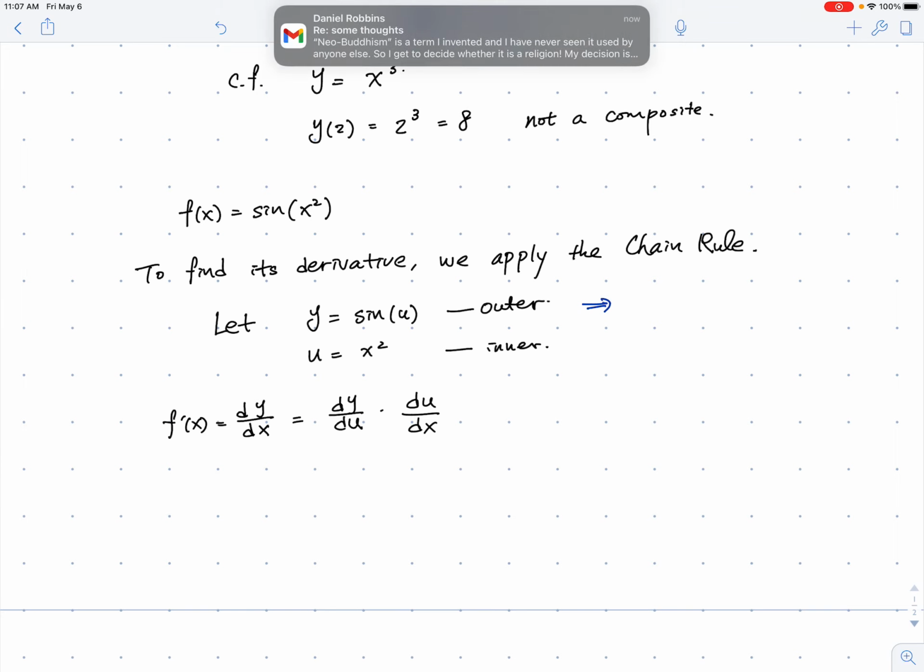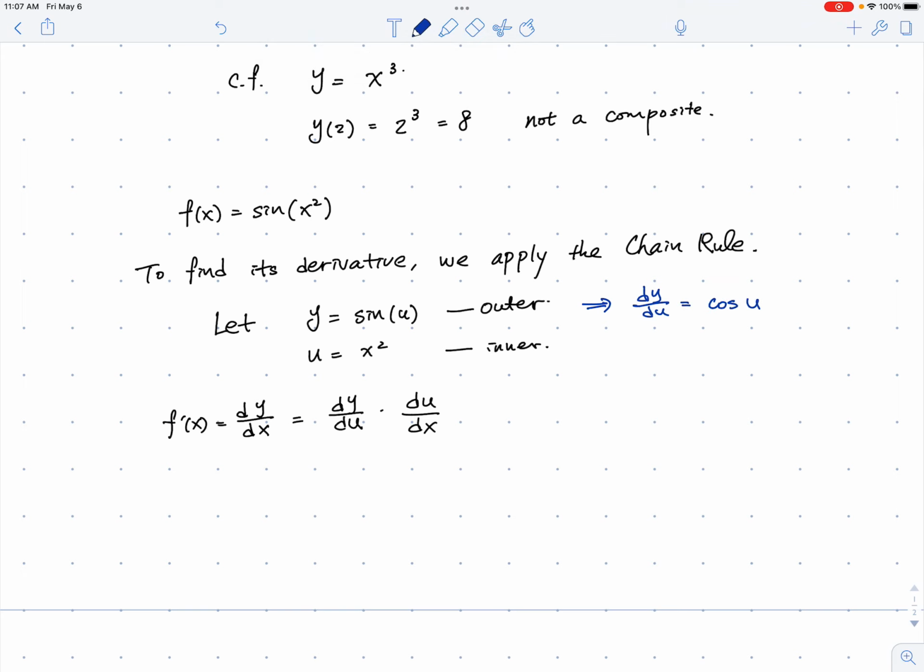According to y of u, dy du is equal to cosine of u, and du dx is equal to 2x.